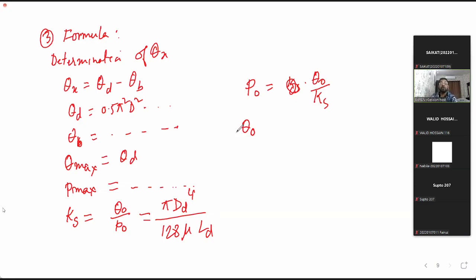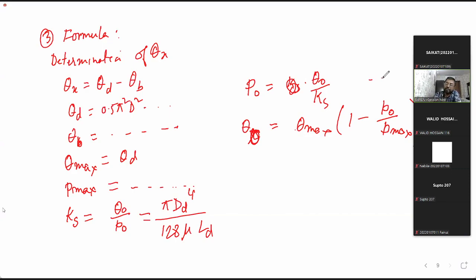The Q0 is the operating flow rate. We know the Qx is equal to Q maximum into 1 minus P divided by P maximum. So when we put it here Q0, we have to put it here P0.